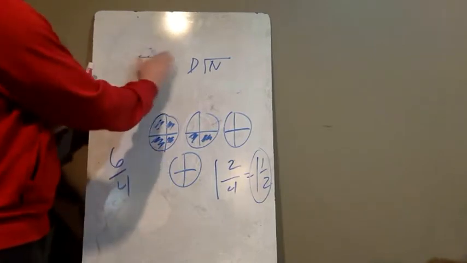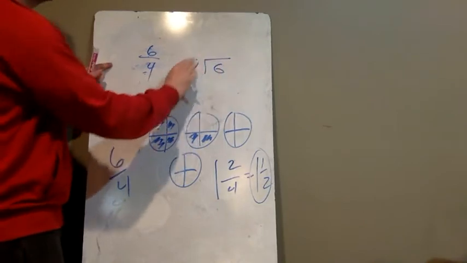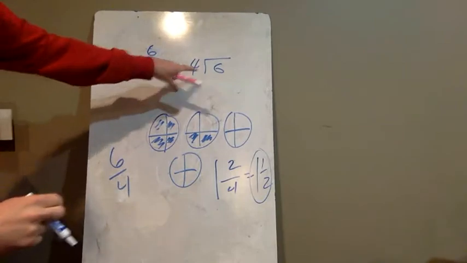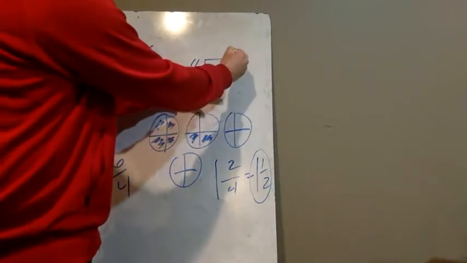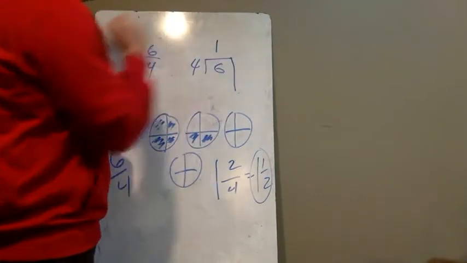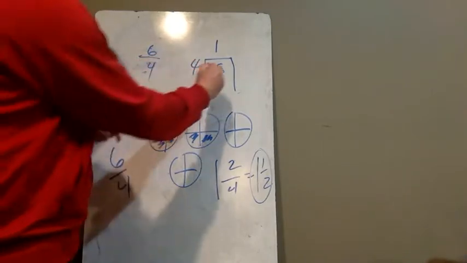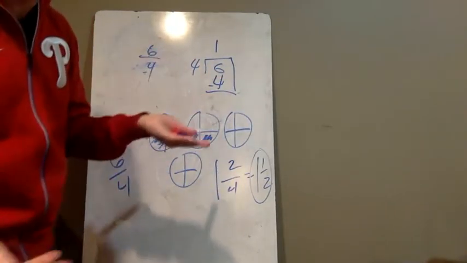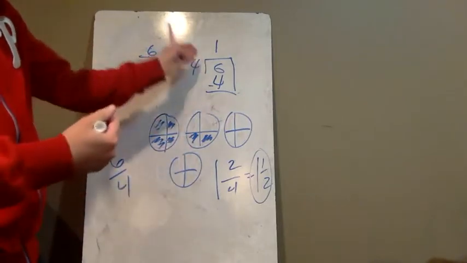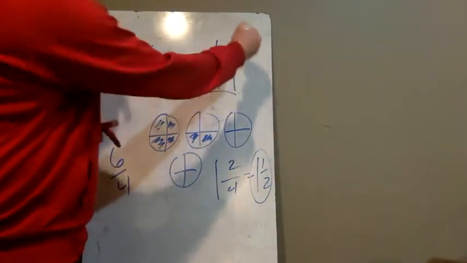It was 6/4, so numerator 6 divided by 4. We ask ourselves, how many times does 4 go into 6? Well, 4 goes into 6 one time.